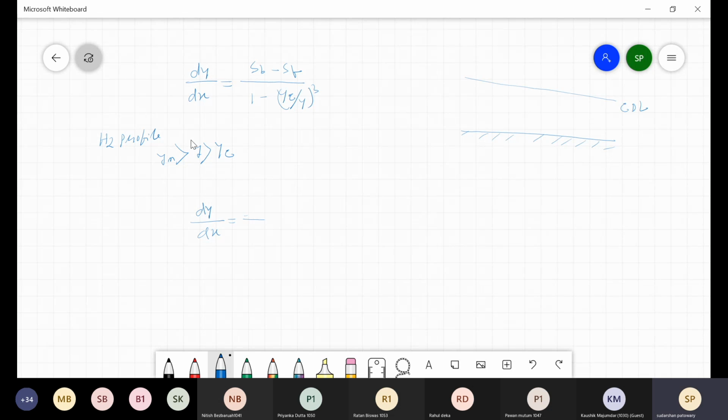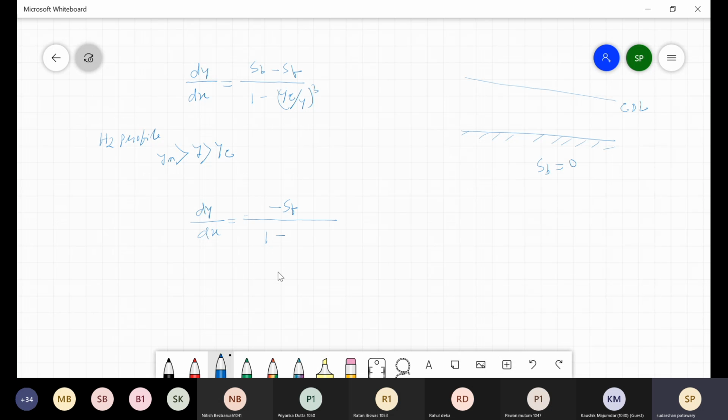see, SB is equal to what here? 0, because the slope is horizontal. SB is equal to 0. So minus SF by 1 minus this term. What is this term? YC by Y, less than 1 or greater than 1? Y is greater than YC, so YC by Y is less than 1.